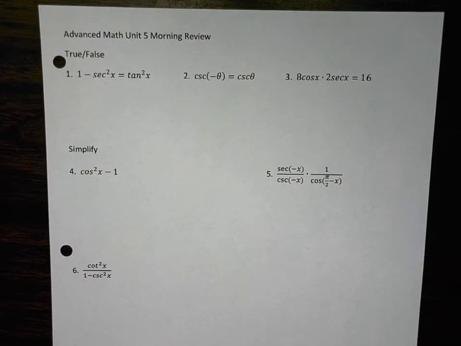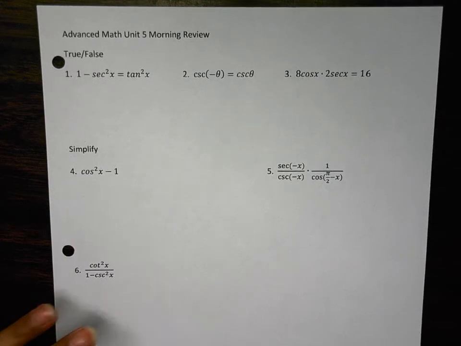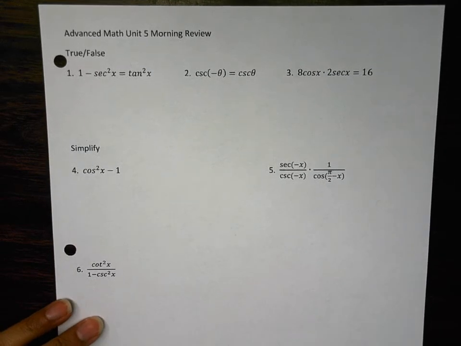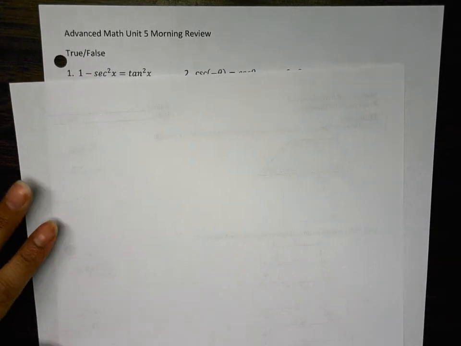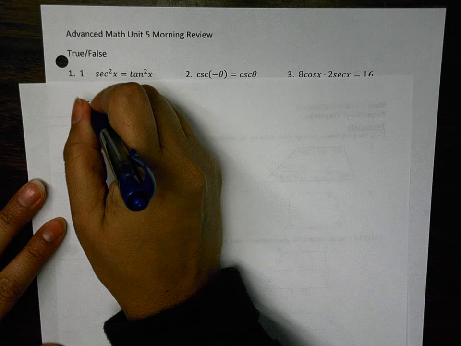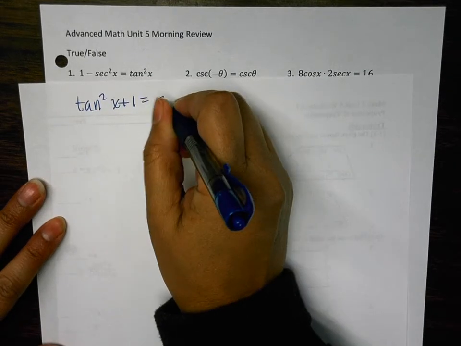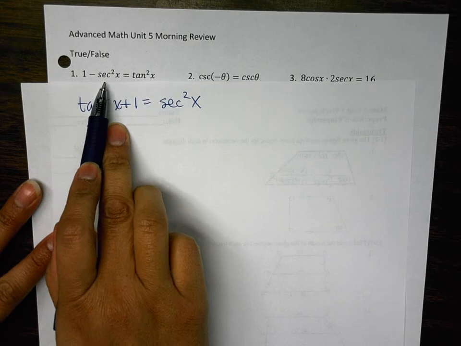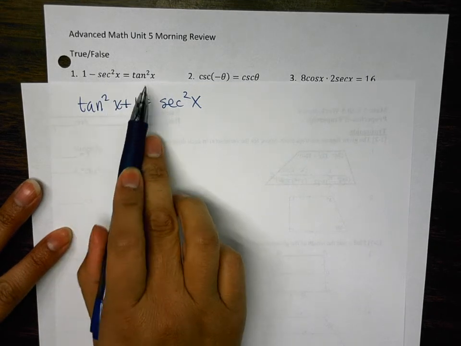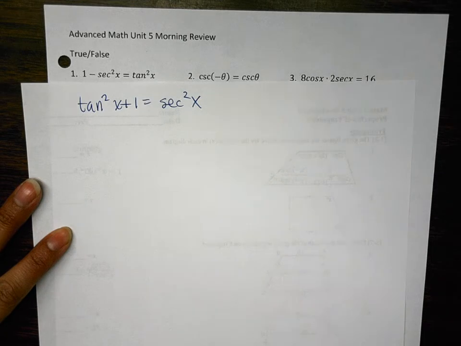All right, first one, true or false? False. Why is it false? Let's take a look. What is the identity, the original one? Tangent squared x plus 1 is equal to secant squared x. If I got tangent squared by itself, what would I do? Subtract the 1.